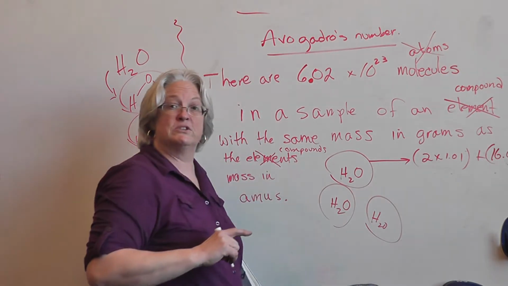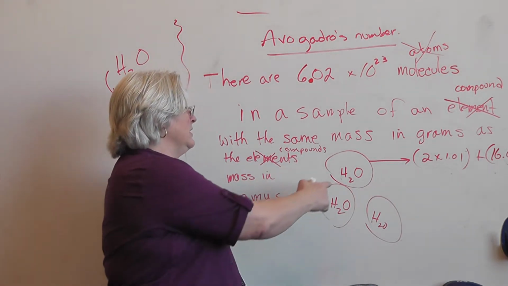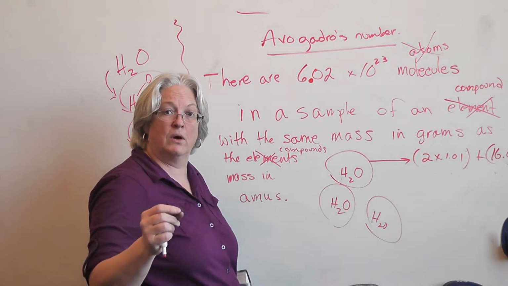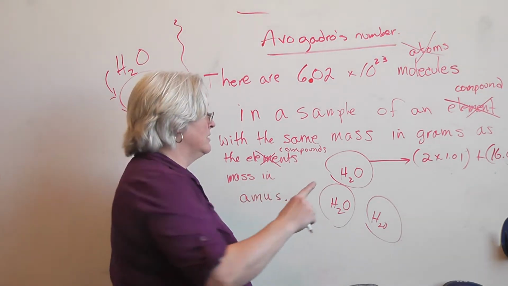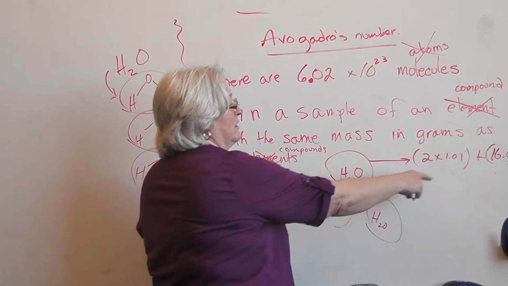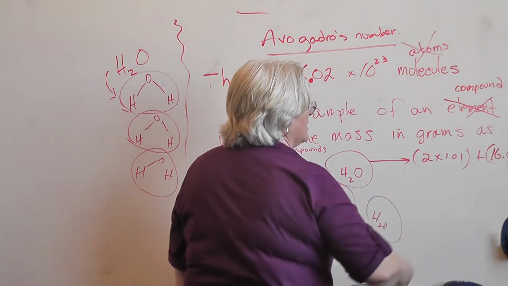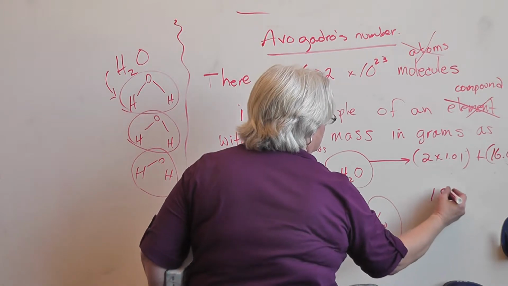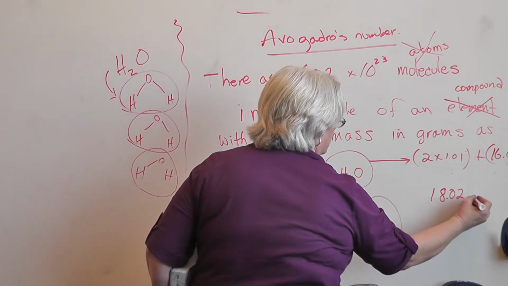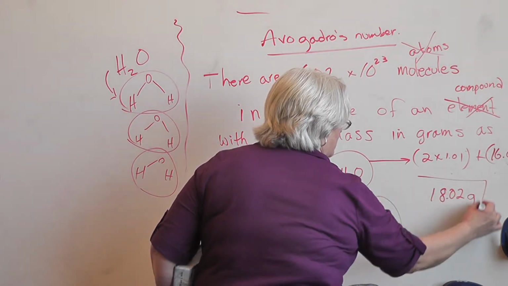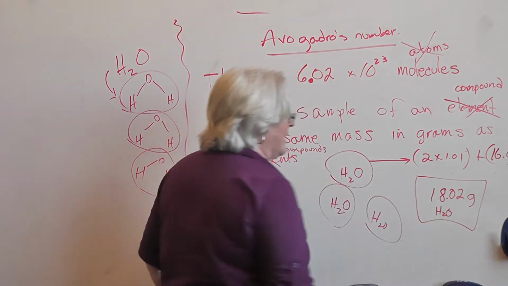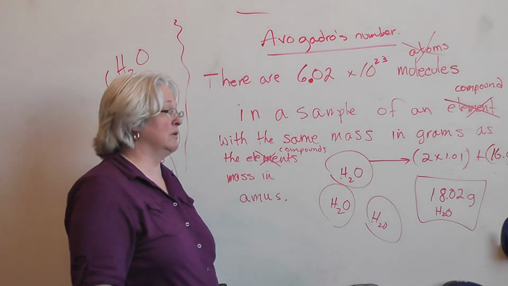Hydrogen has an atomic mass of 1.01 units, there are 2 of those, so we have 2 times 1.01 plus 16.0, which gives us 18.02.